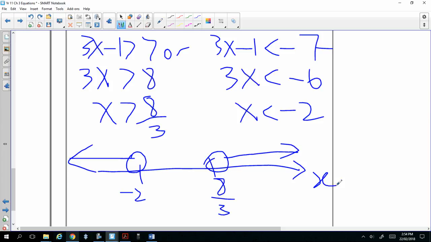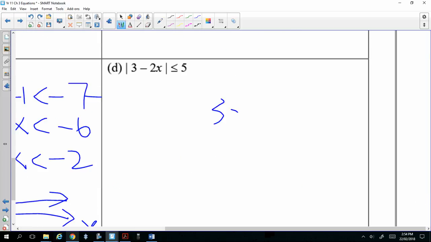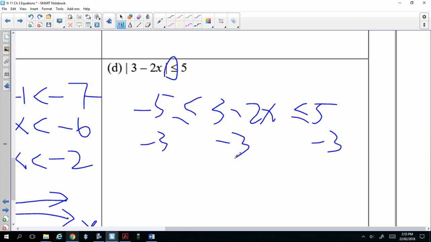Now this one, due to the fact it's less than, it's in between the 5 and the negative 5, so you add negative 3 on both sides. And then you do negative 8, negative 2x, divided by negative 2.